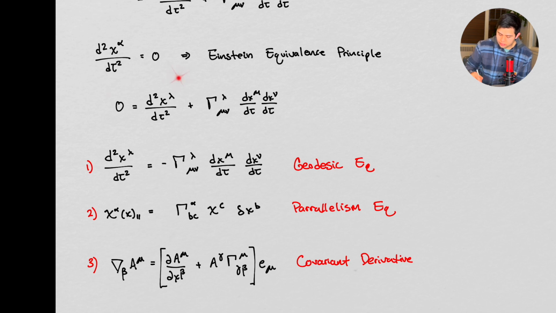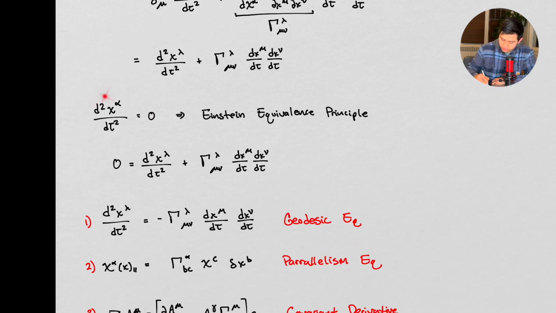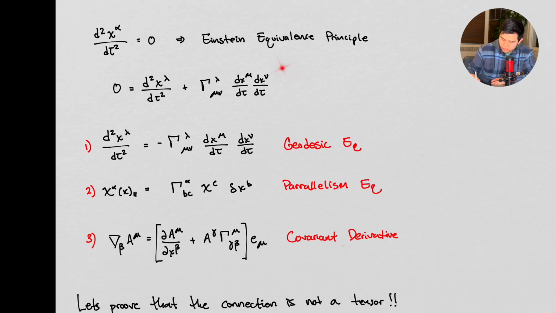I think I'll go over the Einstein equivalence principle in more detail later. I really want to just get the equations regarding the connection to you, and then I'll go into this principle in more depth later. But the idea here is that we could set this equal to 0. That means all of this equals 0. And this right here is the geodesic equation.